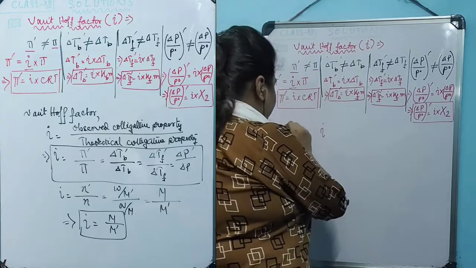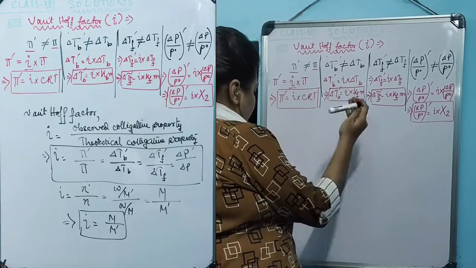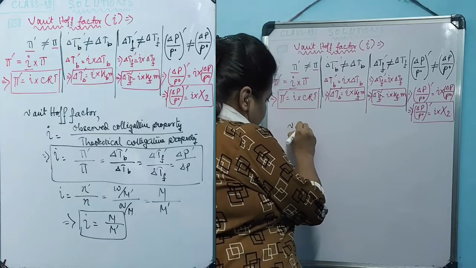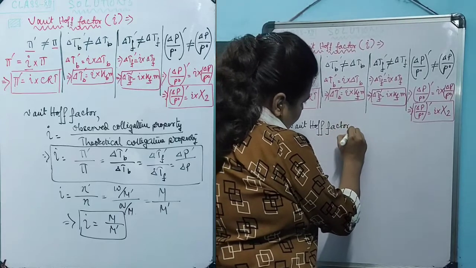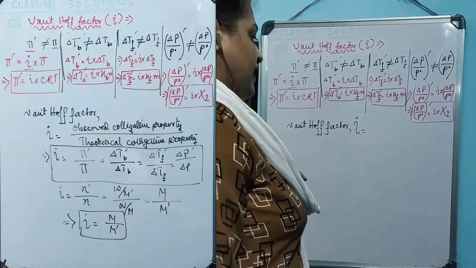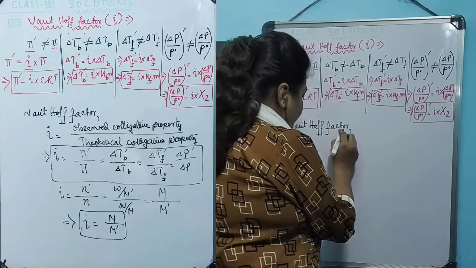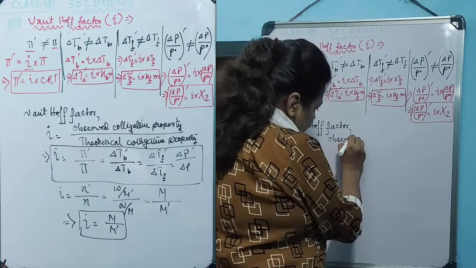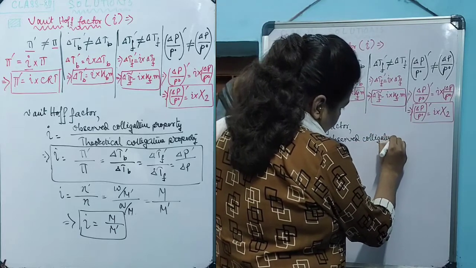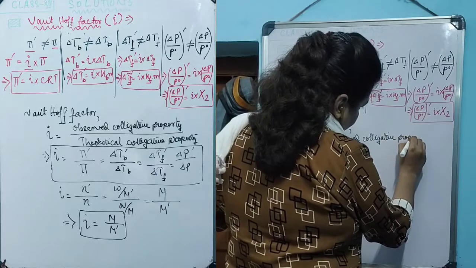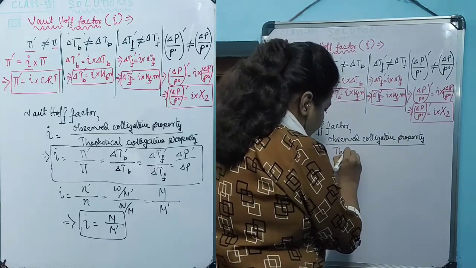And he also concluded that this Van 't Hoff factor i can be expressed by taking the ratio of the observed colligative property to the theoretical or calculated colligative property.